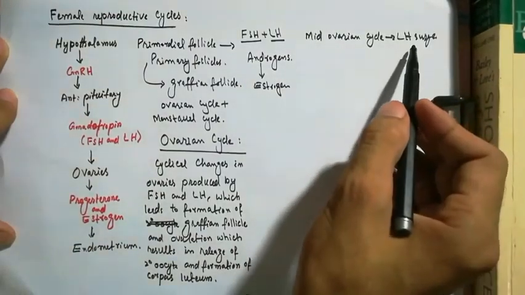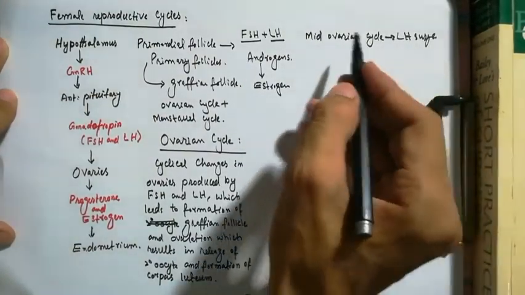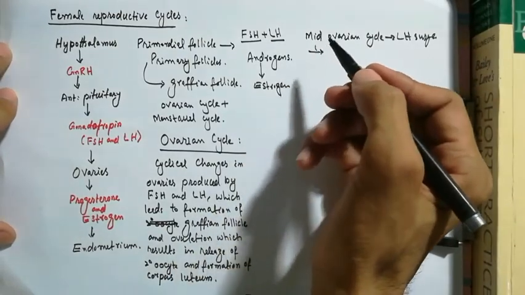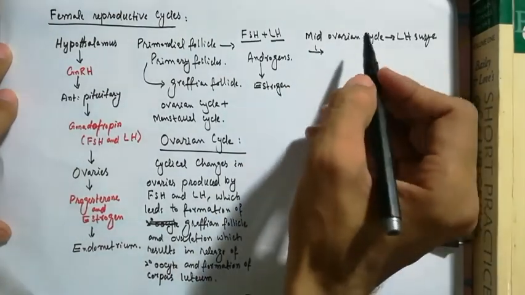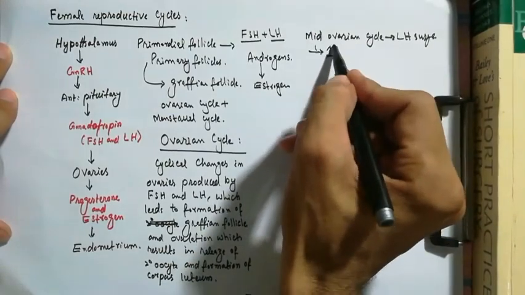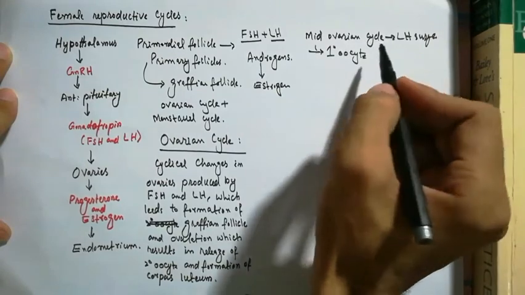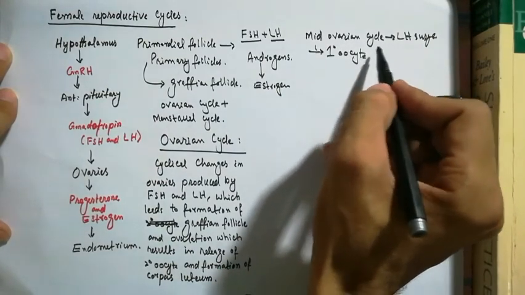This luteinizing hormone surge performs three functions. Number 1, it induces primary oocyte to complete first meiotic division.